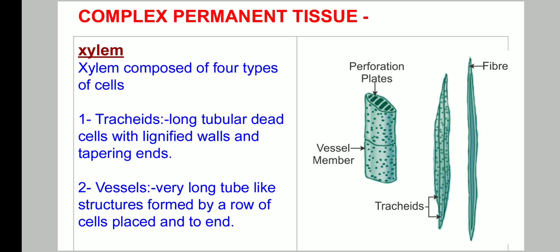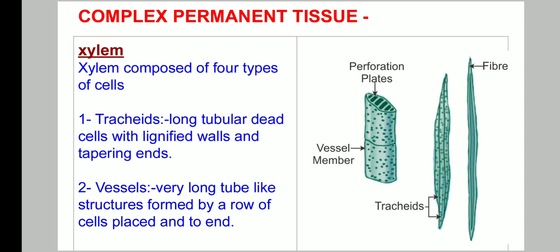You can see here the structure of tracheids, and these tracheids are long tubular dead cells with lignified walls and tapering ends. The cells contain lignin, and you can see the tapering ends. Tapering ends means they gradually become narrower at the ends.